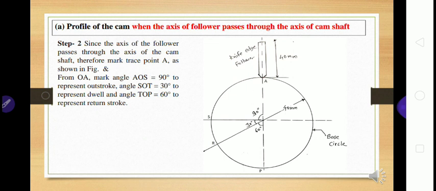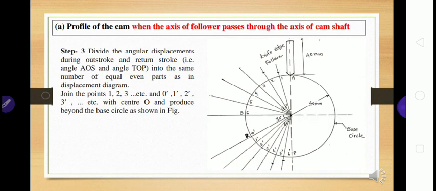First, the outstroke is given as 90 degrees. Therefore from this A point, the angle AOS we will plot as 90 degrees. After that there is a dwell of 30 degrees. Therefore the angle SOR we have drawn here is 30 degrees. Next, the angle ROP we will plot as 60 degrees because the return stroke angle is given as 60 degrees. We have plotted the angles here in the second step.